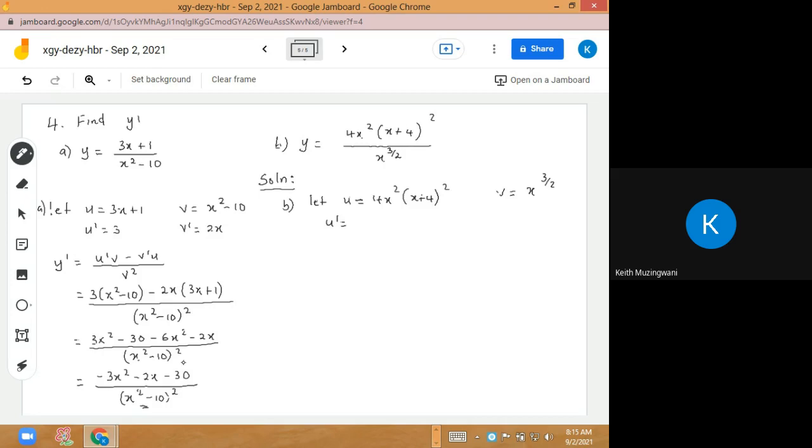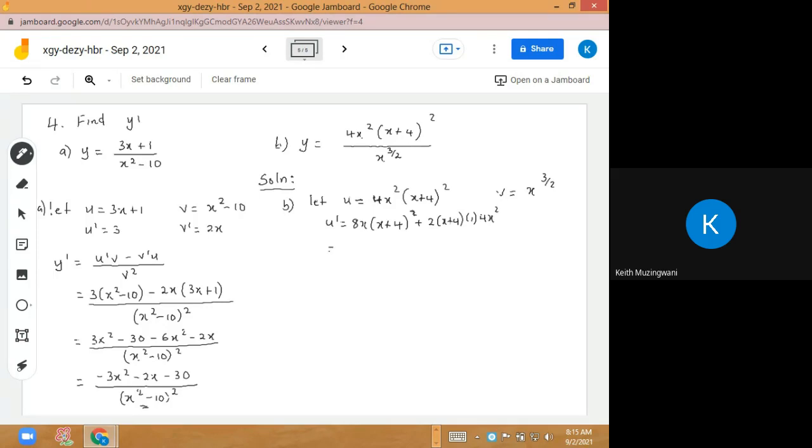So you first differentiate 4x squared, we'll get 8x, then multiply by (x plus 4) squared, and then we add, we differentiate (x plus 4) squared, so we'll drop 2, we'll have (x plus 4) multiplied by 1, the derivative of x plus 4, and then multiplied by 4x squared.